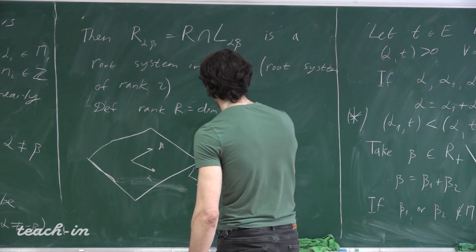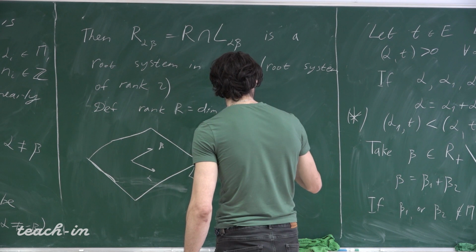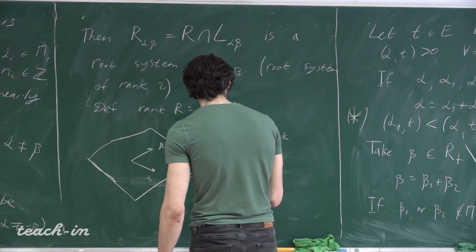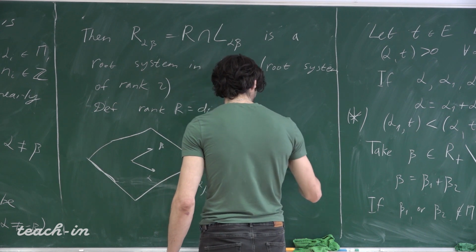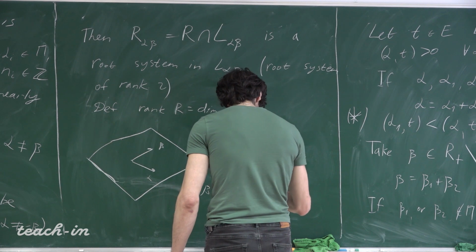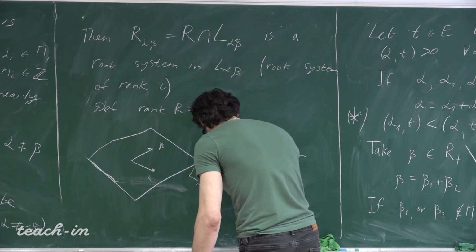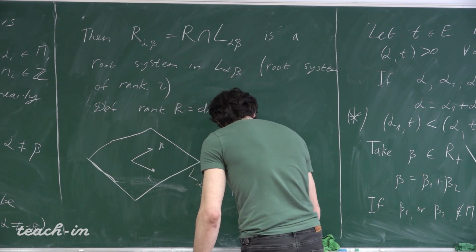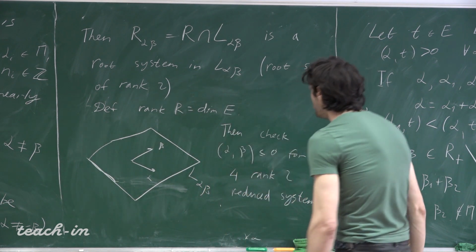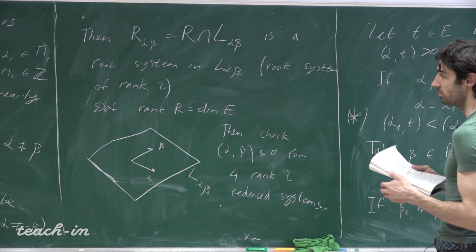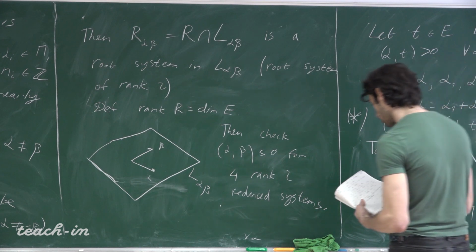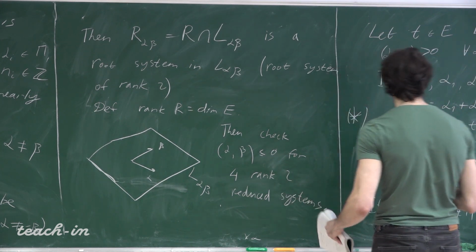So then I check that (alpha, beta) is less than or equal to 0 for rank 2 reduced systems. Okay, so I would like to use this now to prove that pi is linearly independent.